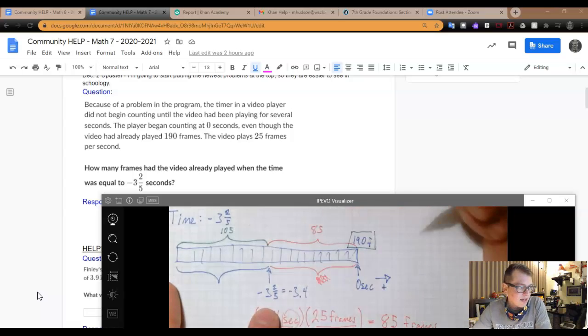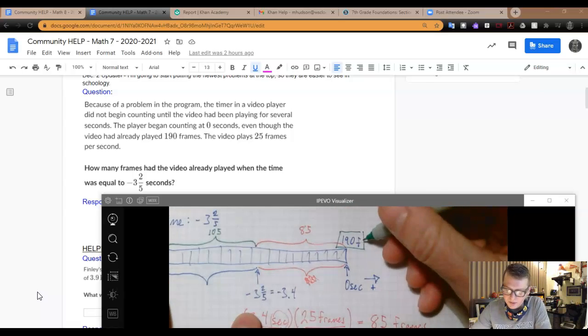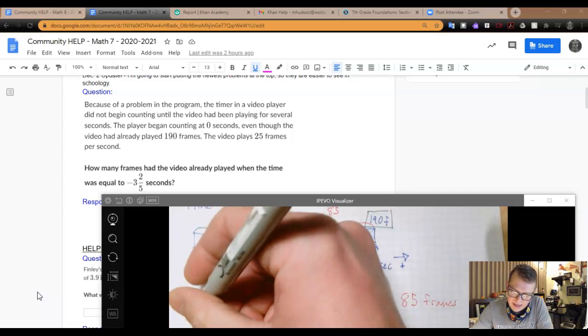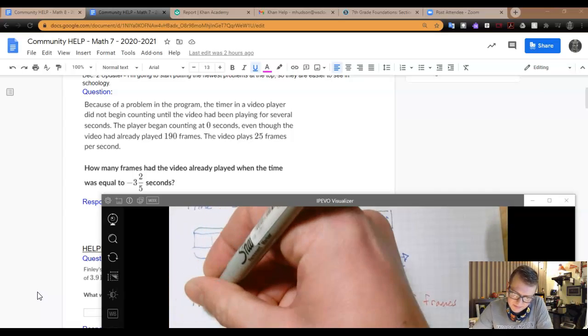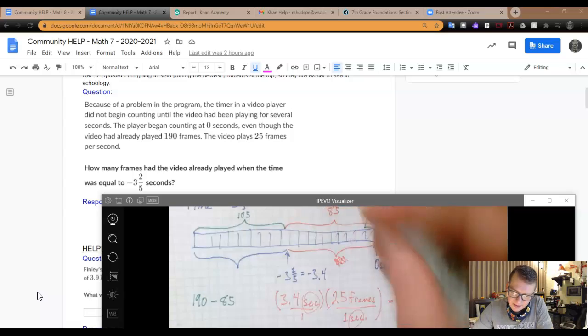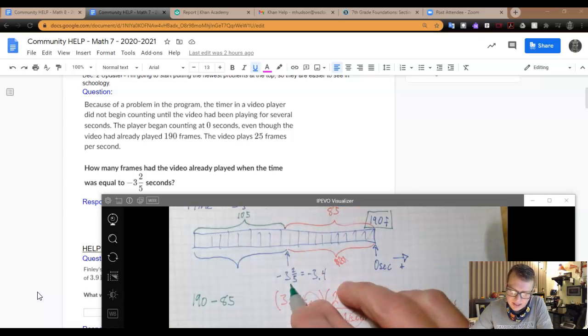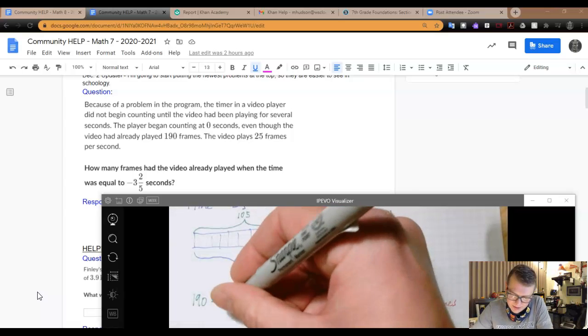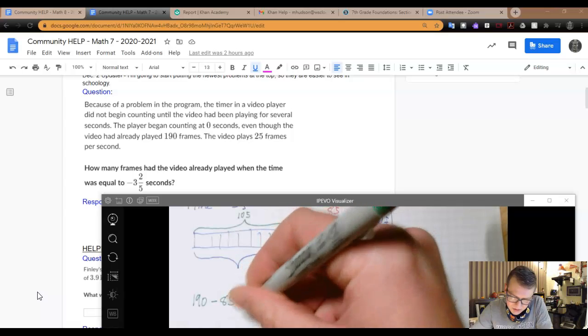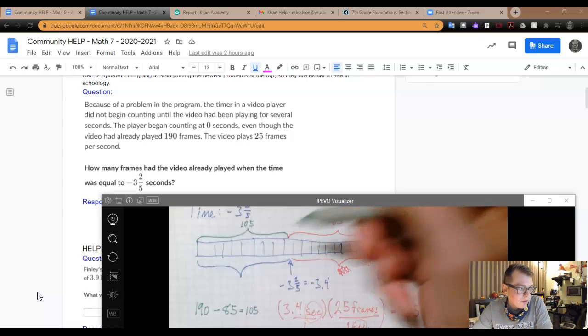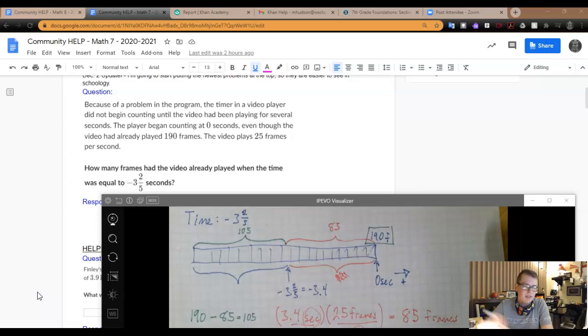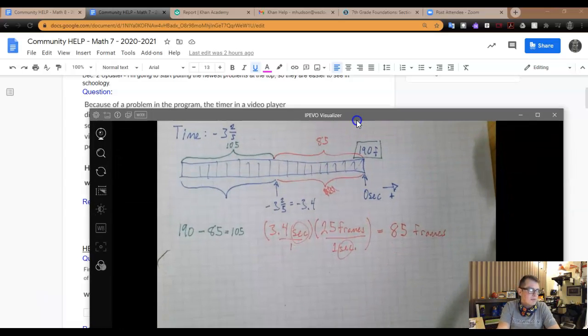To get this value of 105, we would do the 190 frames that we've already had minus the 85 frames that we went backwards to get to our negative time, and that gives us a result of 105 frames, which I wrote on top because that is where we had been keeping our frames.